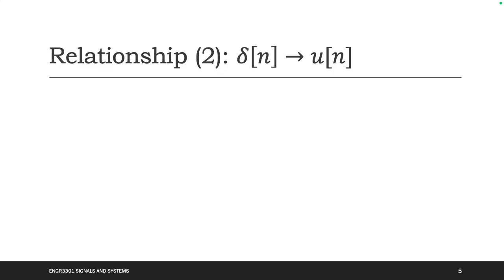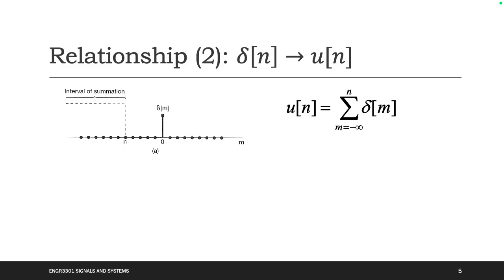Okay, let's talk about how you can get a unit step function using the unit impulse function. How? Accumulation, am I right? Yeah, that's true. You can use this equation. Maybe you will have a question. Am I right?